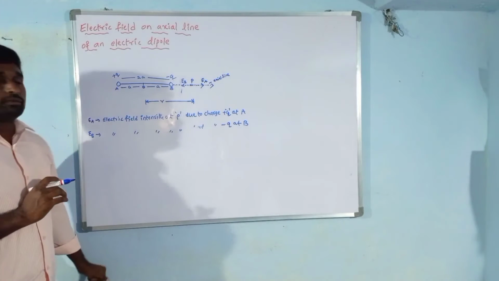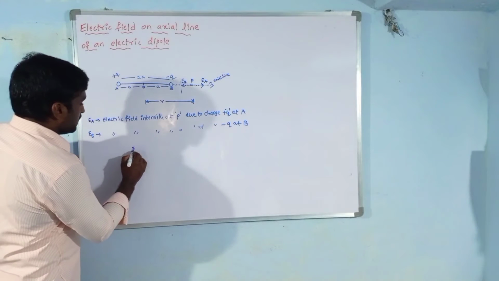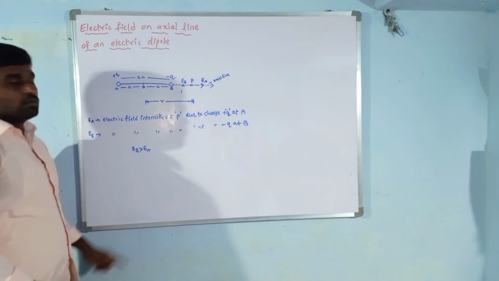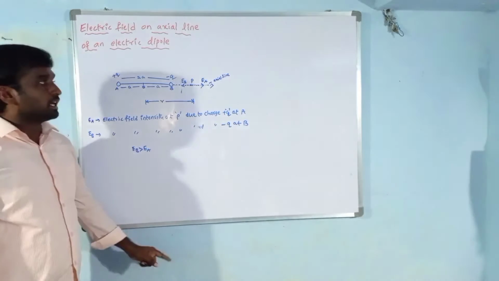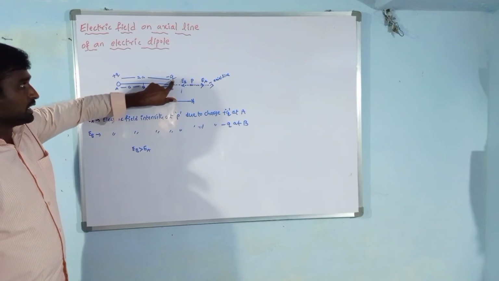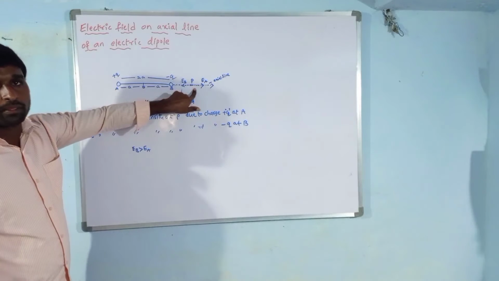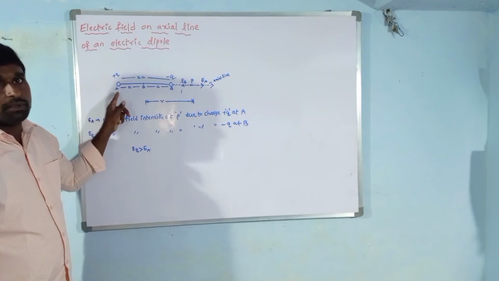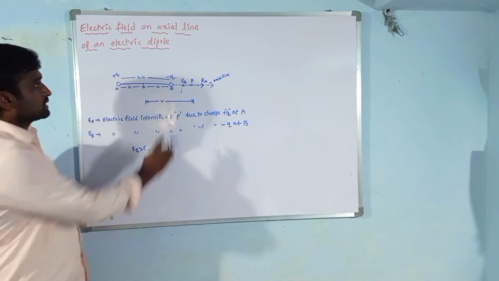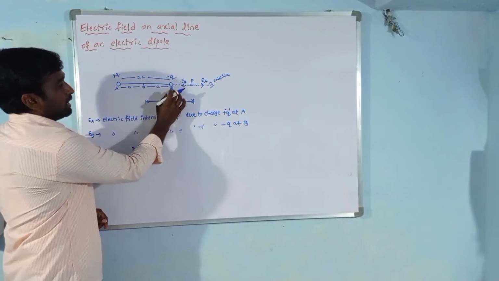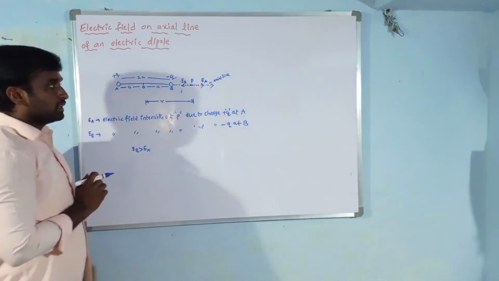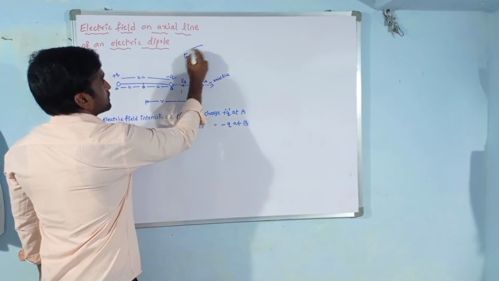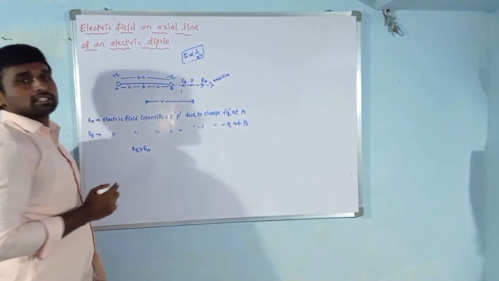Which is greater? EB is greater than EA. Why is EB greater than EA? Because the negative charge is nearer to point P. When we compare these two distances, this one is nearer. Electric field intensity is inversely proportional to the square of the distance between them.